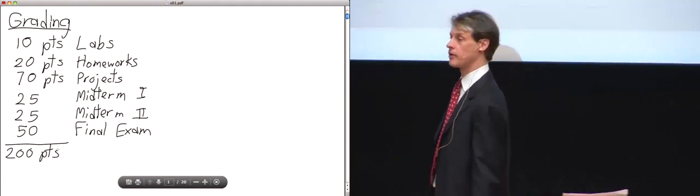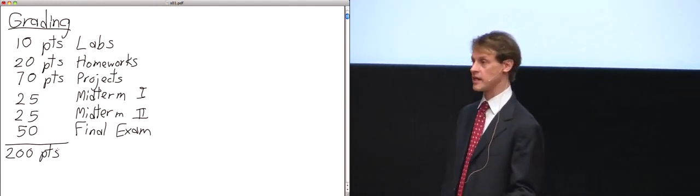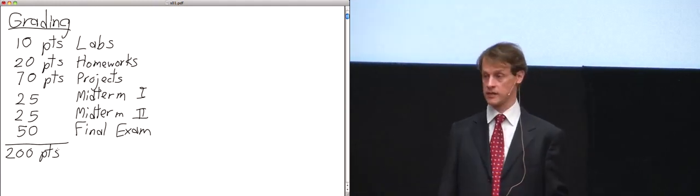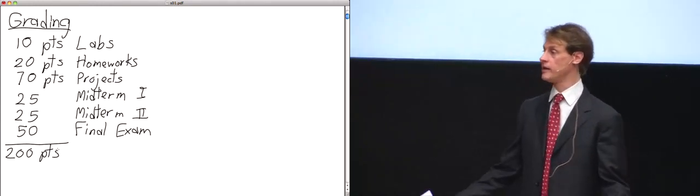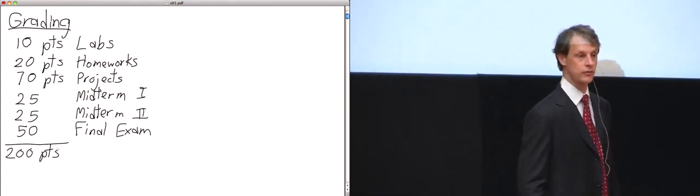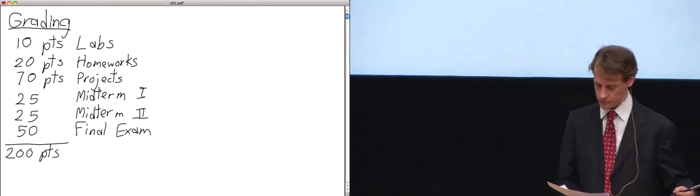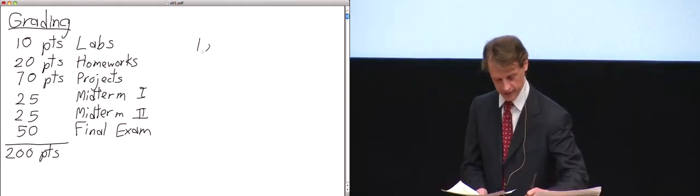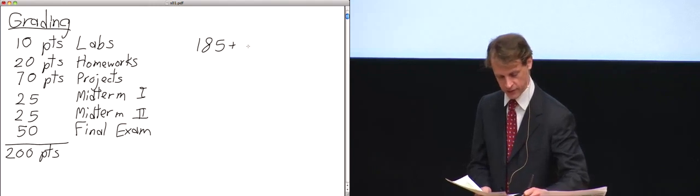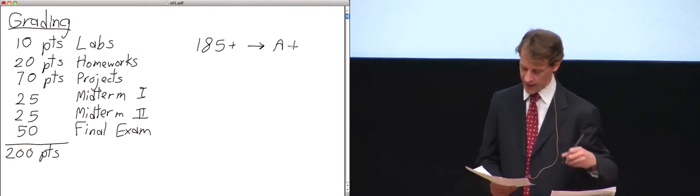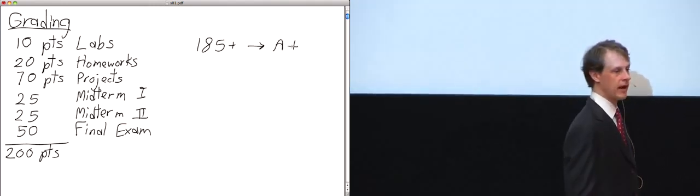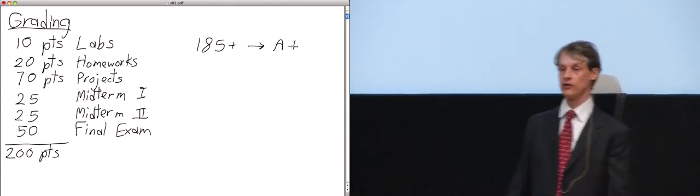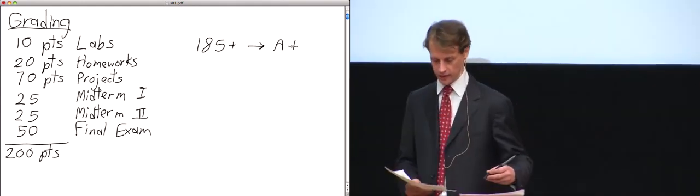And you'll be able to look up your grade at any time through your CS61B account by using the GLOOKUP program online so that you can see how you're doing as the semester progresses. And to get an A+, essentially 185 or more points out of 200 is the threshold for that. And then from there on down, it's in increments of 10 points per grade rank.